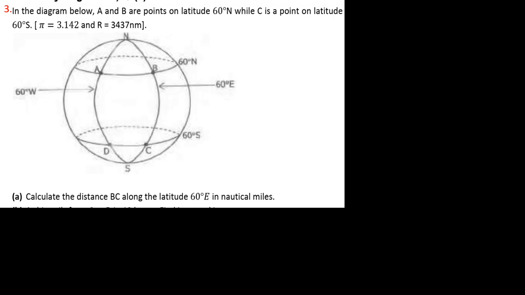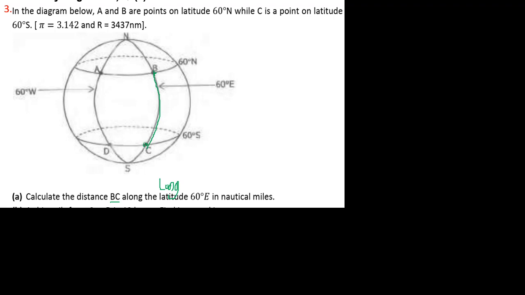So they want us to calculate the distance BC, as you can see, B is here and C is here. So along the longitude, not latitude, this was a typing error. So along longitude 60 degrees east, so this is the longitude line, in nautical miles. So they want us to calculate this distance from point B to C. Okay, so to calculate this distance, what do we do? So we will simply use the formula.